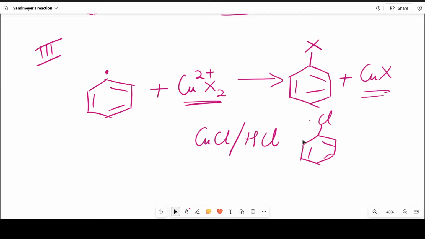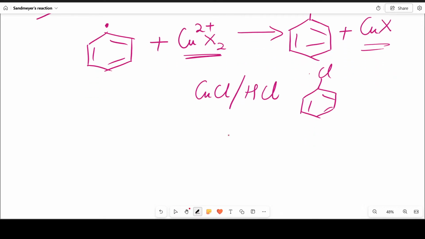Suppose I want bromobenzene, then I'm going to use CuBr in the presence of HBr.